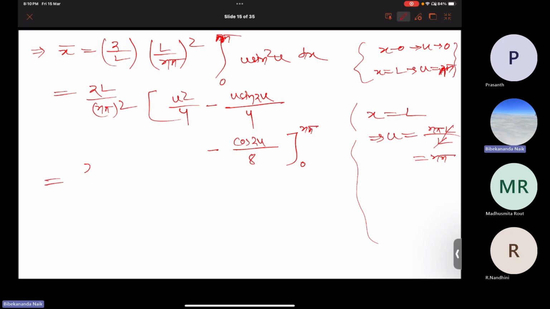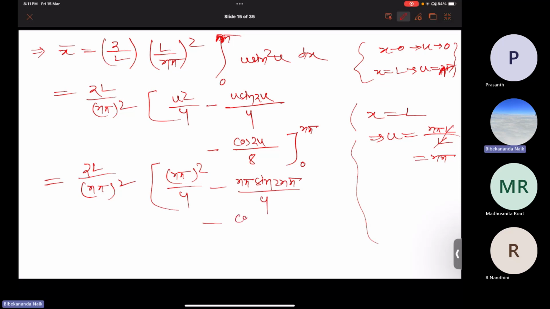So if you put the values, it will be 2L by n pi square, then we put this n pi: n pi square by 4 minus n pi into sine 2n pi by 4 minus cos 2n pi by 8, then minus 0 minus 0 minus 1 by 8.